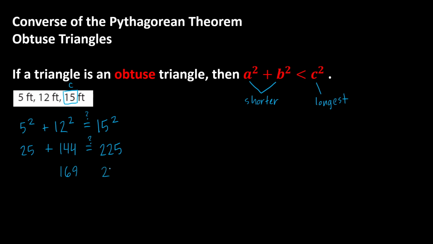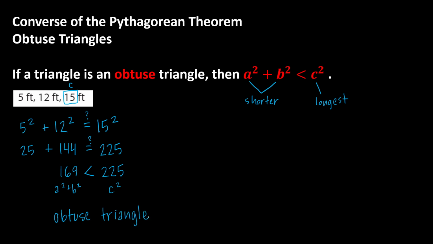And when we compare that to c squared, which is 225, I am seeing that a squared plus b squared is actually less than c squared. So since this is the case, these three side lengths will always form an obtuse triangle.